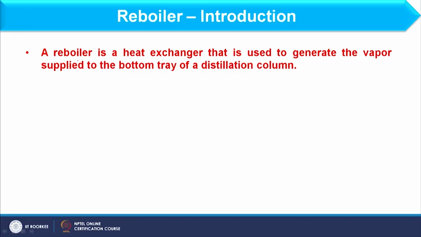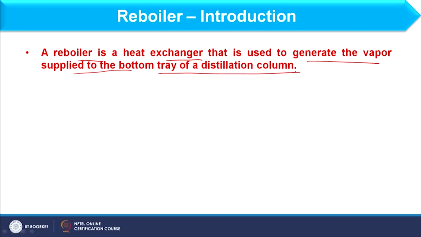Being a chemical engineer, you must have some idea, but let us recall that with the introduction of a reboiler. A reboiler is a heat exchanger that is used to generate vapor supplied to the bottom tray of a distillation column. So, as far as a reboiler is concerned, this is an important unit in a distillation column.